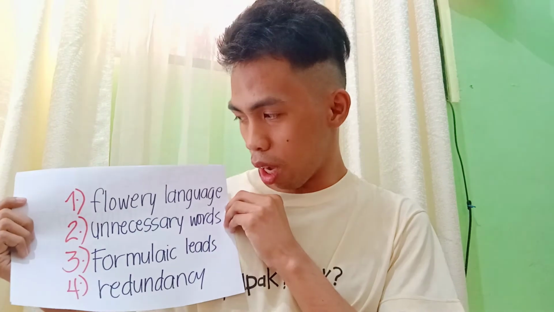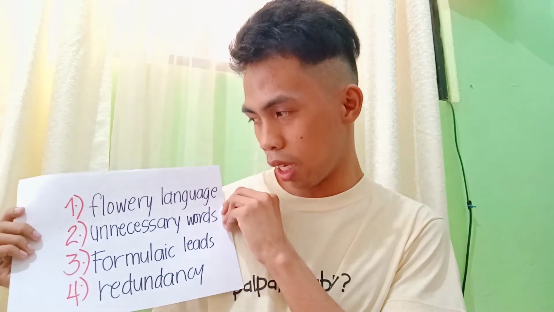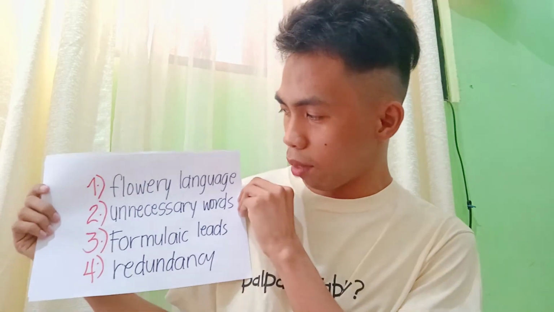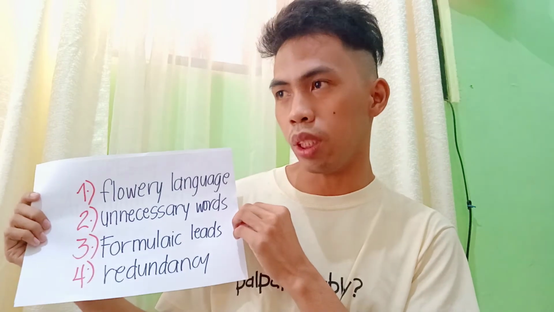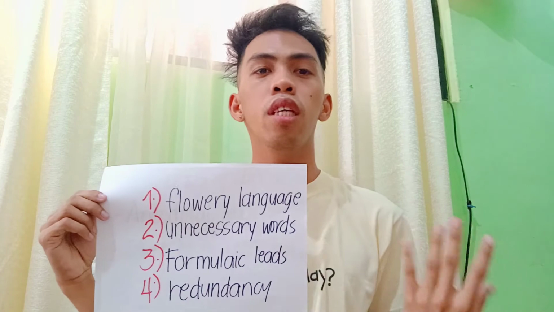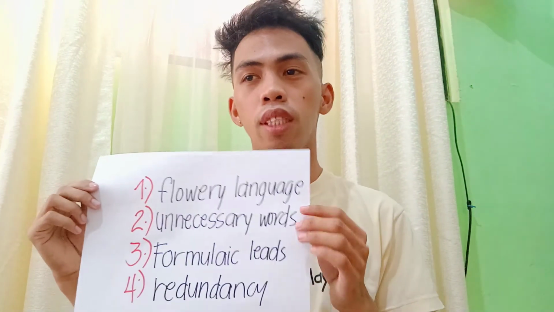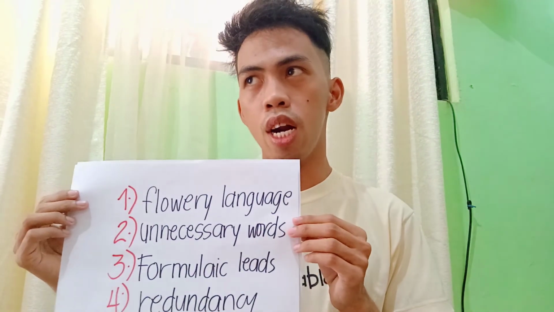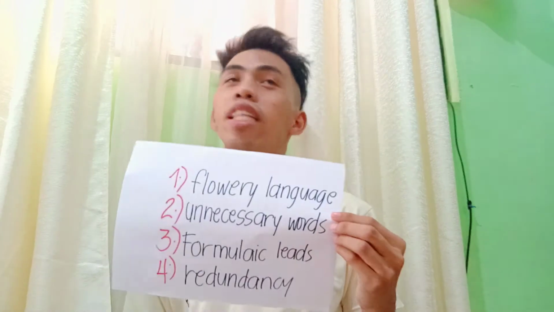The second one is unnecessary words. In connection with flowery language, unnecessary words, jargon, and technical terms should be avoided in order for our readers to understand our stand, and for our leads to be more understandable.